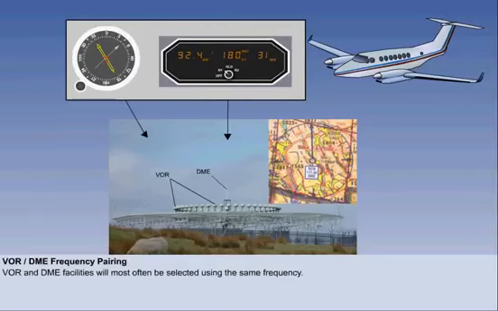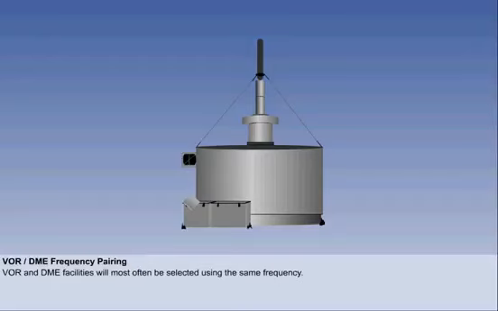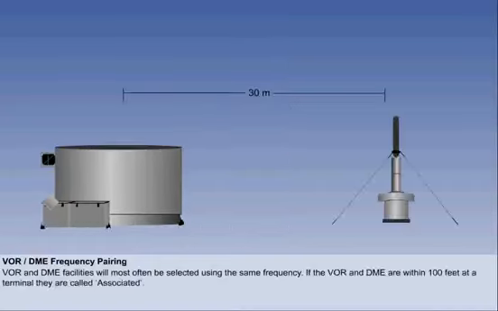Ideally, both sets of equipment should be located in the same place, but this is not always possible. The term associated is used to denote that the equipment is either co-located or close enough to make no significant difference. For a terminal VOR, this is defined as a maximum of 30 meters.